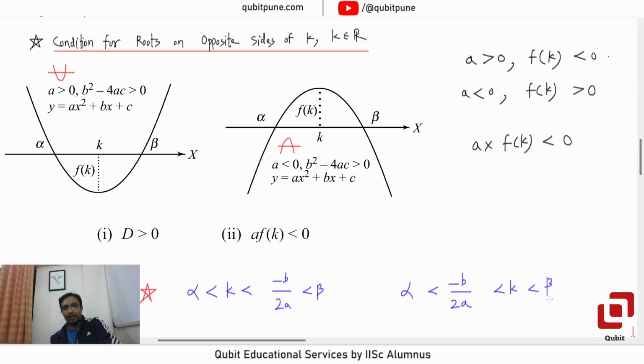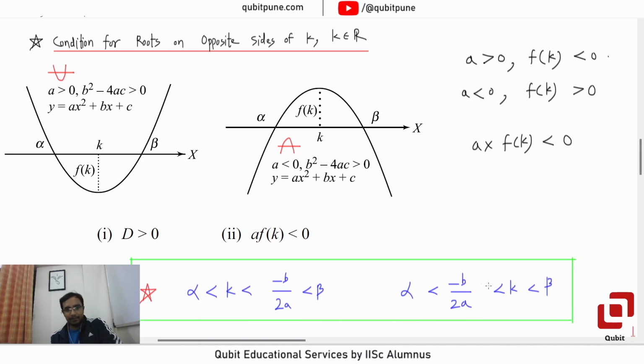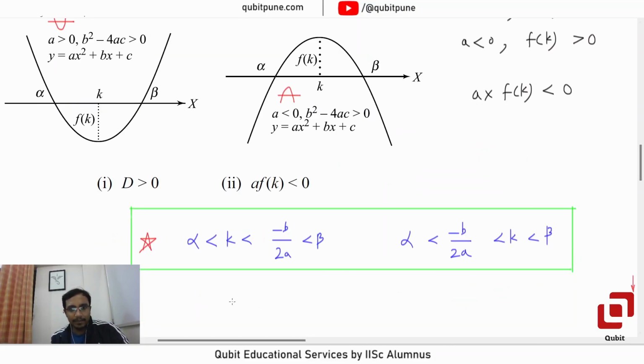We may think on the lines of the sign of the derivative there. In the first case, a greater than 0, can I say that f dash of k is negative? And for a greater than 0 in the second case, I can say that f dash of k is positive.